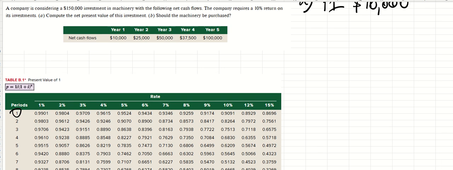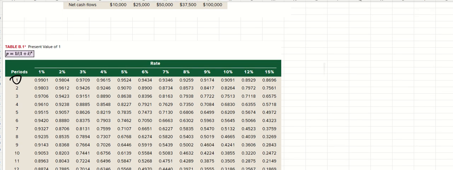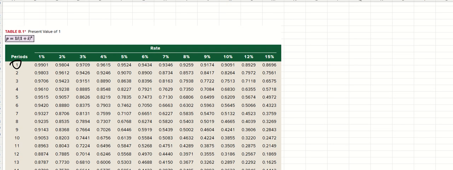And then since this is a 10% return on investments, that's what they require. We're going to go all the way to 10%. And we're going to see that for the first year, the present value factor that we have to apply to the $10,000 is going to be 0.9091.